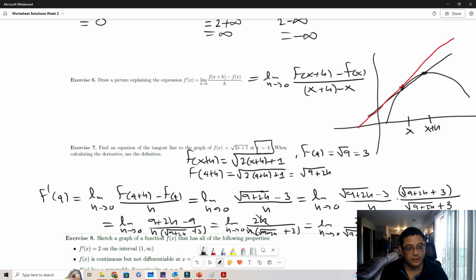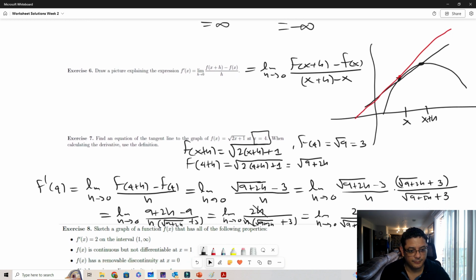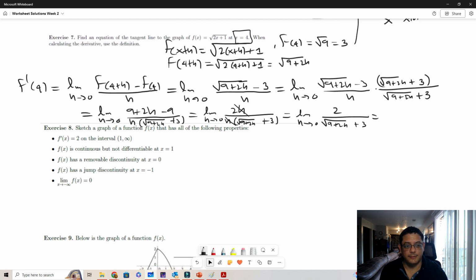And if I plug 0 here, then notice that this becomes 2 over the square root of 9 plus 3. So this is 2 over 6, which is 1 over 3. And that's it. That will be the derivative for the function at this point.